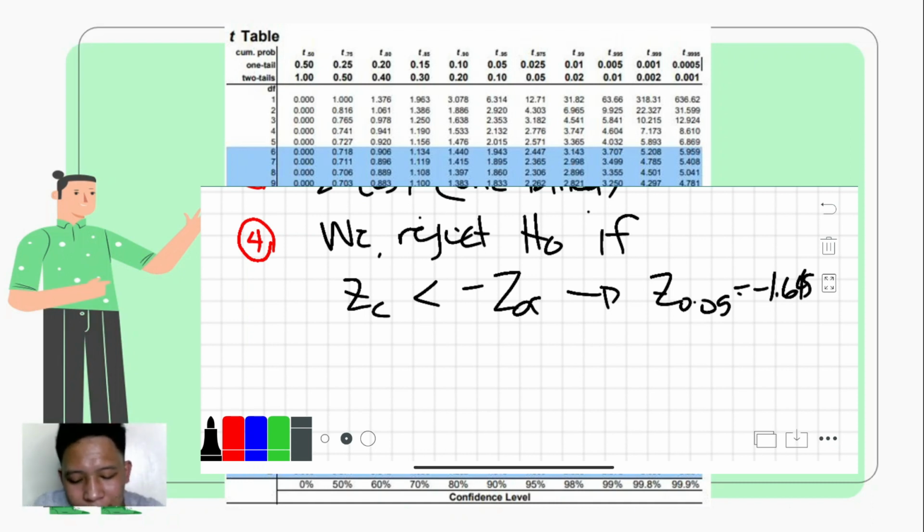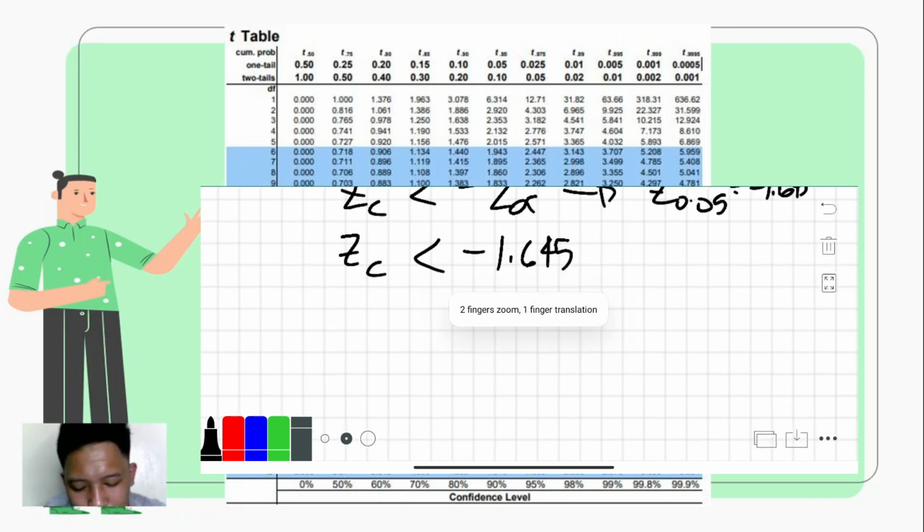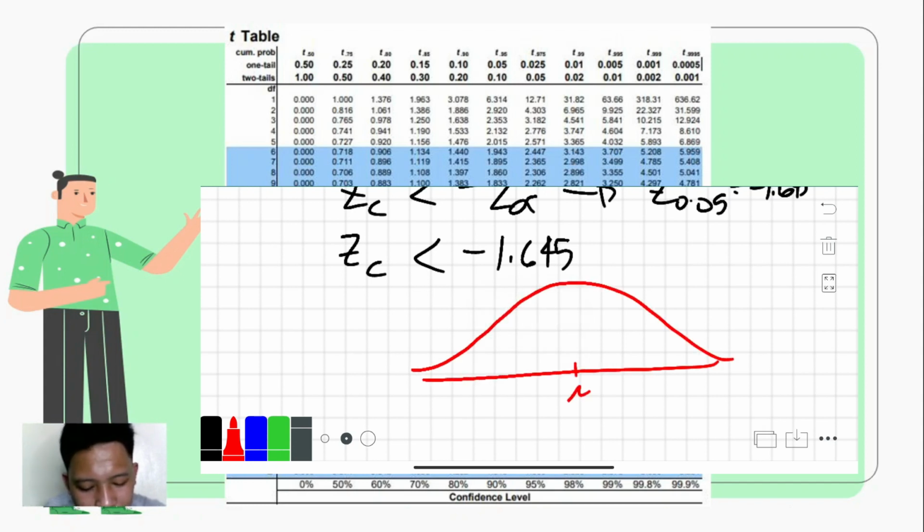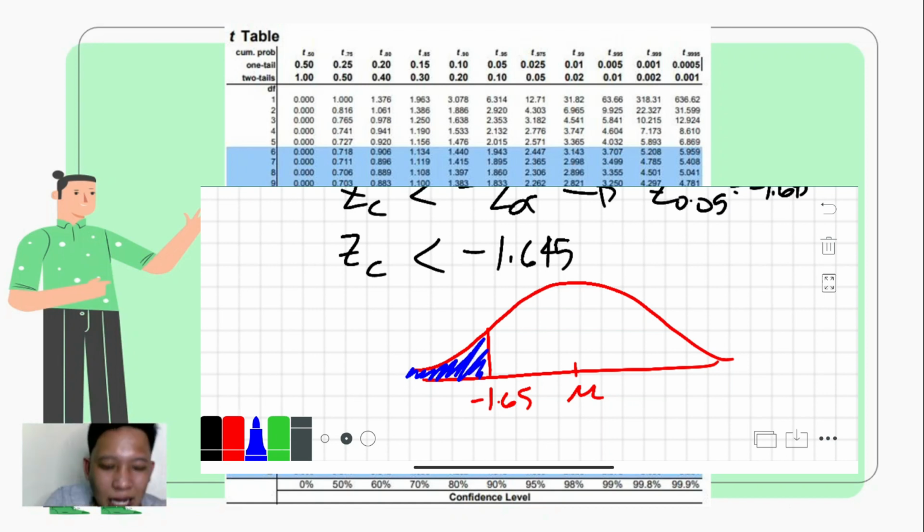So our decision rule is Z should be less than negative 1.645. If we draw our normal distribution, this is our mu, and this is negative 1.645. Our rejection area should be here. We reject the null hypothesis when our test statistic falls here, or is less than negative 1.645.